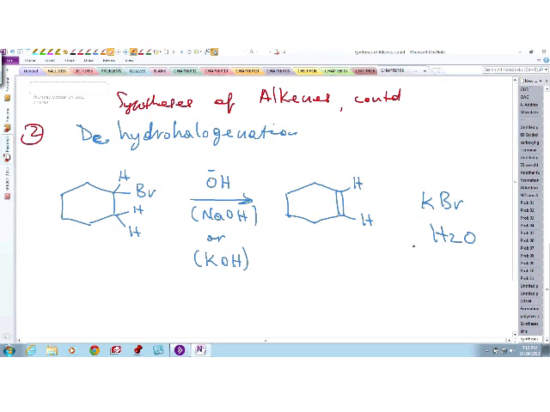But the next process is we are removing the element of hydrogen bromide, which is the bromine and one of these hydrogens. So it is an elimination reaction, and then we form an alkene.